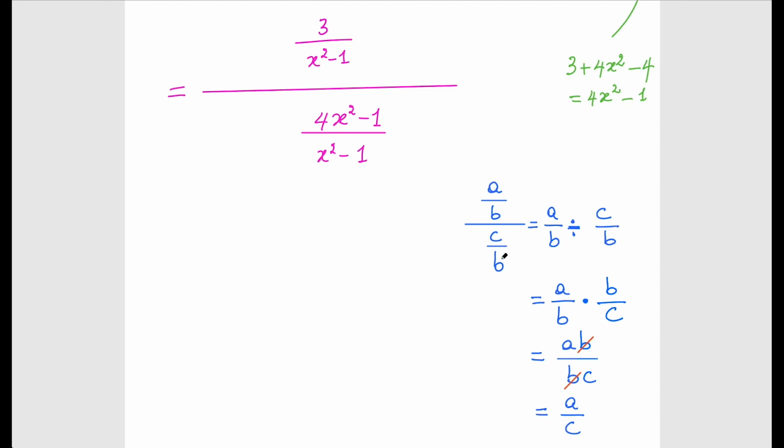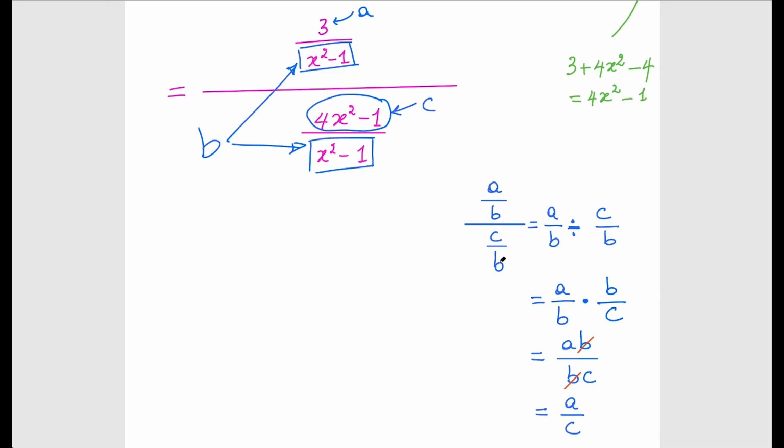And let me make it clear for you. This is my A and this is my C. And those guys are the same B. And this guy and this guy are the same B. Correct? So the structure is the same as this structure.